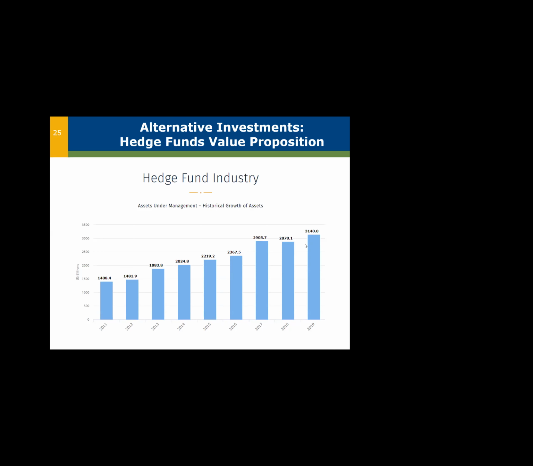But you've got to remember, 2019 was a very good year for returns. I think the S&P was up, was it like 30% or something? So a lot of this gain could have actually been returns. And in fact, it could have been that investors took money out of hedge funds. And then we'll have to wait and see how 2020 does.